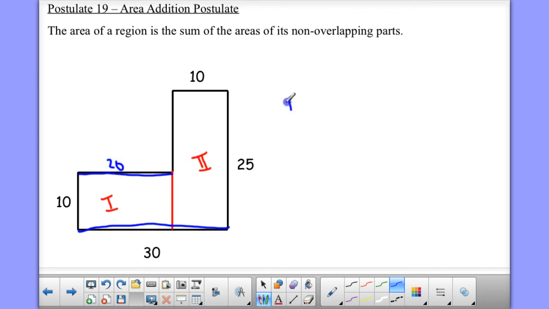So the area of region 1, or the area of rectangle 1, is a base of 20 and a height of 10, or 200 units squared. In this case, I'd measure length in my living room in feet, so 200 square feet.